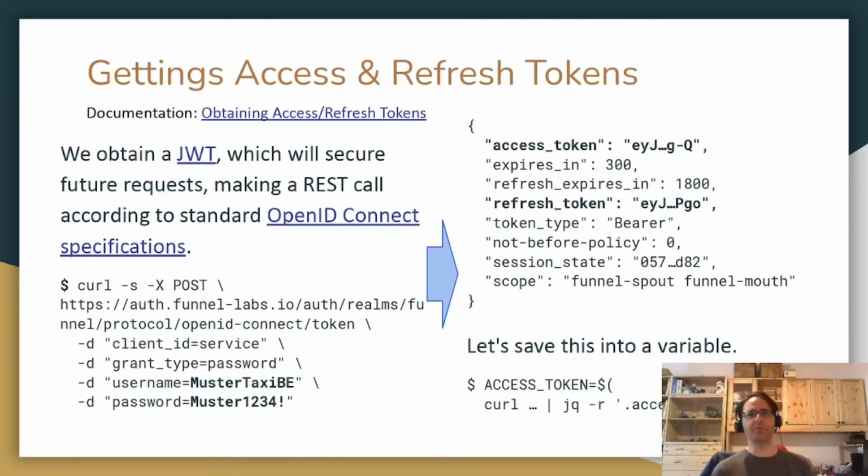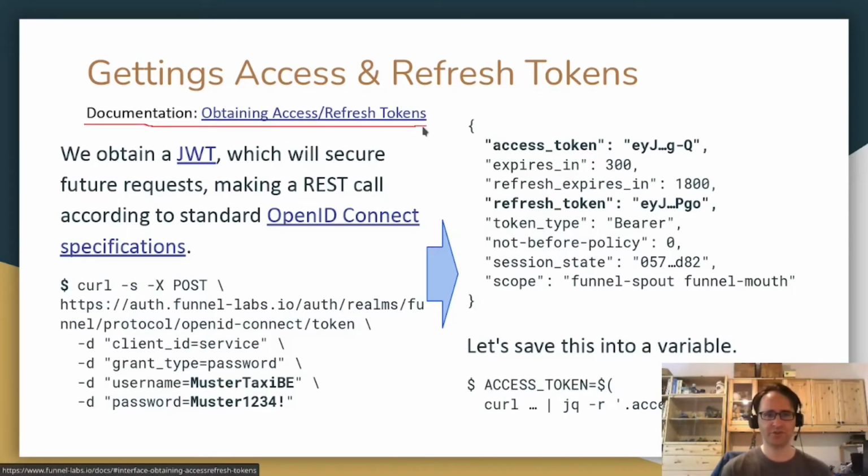Before you can do any kind of request to the funnel system, you have to basically get an access token. Now, anytime you need to refer to the details, the full documentation can be found online on the funnel-labs.io website. The documentation has full descriptions on how to do everything. Calls to the funnel system are secured using JSON Web Tokens, and you can simply follow the OpenID Connect specifications to do a request.